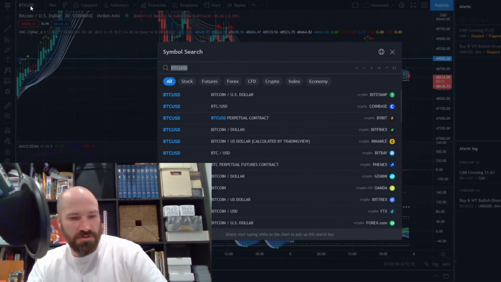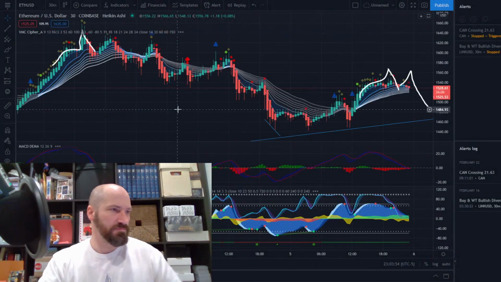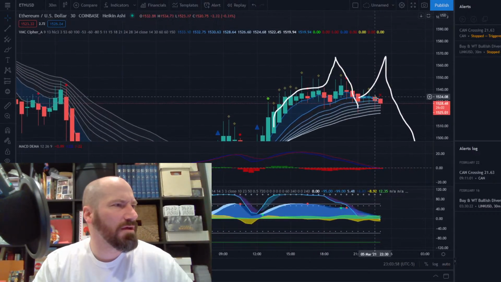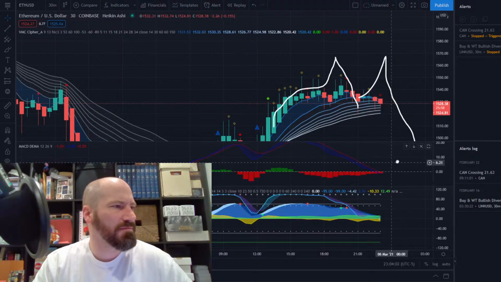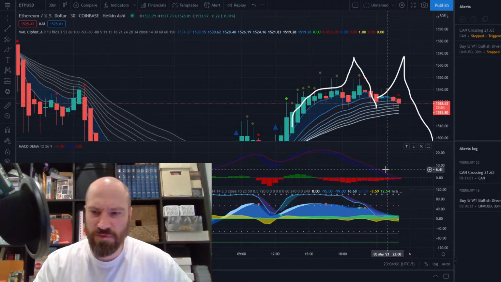Looks like Bitcoin is rearing to turn back up again. That's cool. Ethereum is lagging behind a little bit, but it could turn up any moment as well.